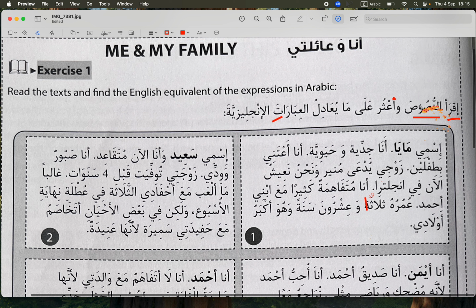Iqra an-nusus wa'thar, and look for, 'ala ma yu'adil al-ibarat al-injiliziya. So look for the equivalent of the English expressions. You'll understand what this is referring to in a minute.